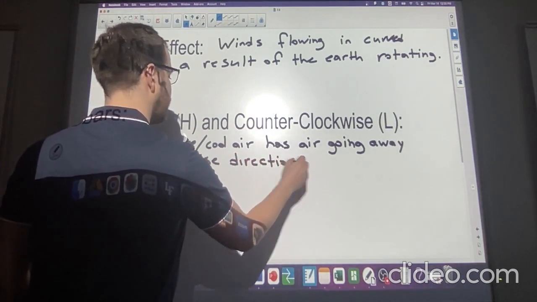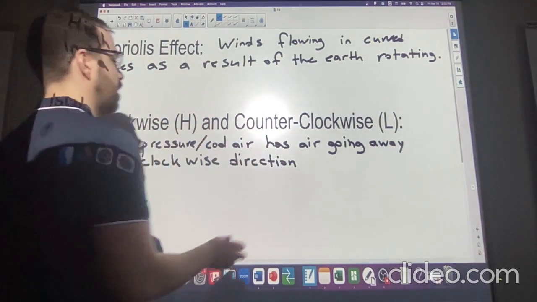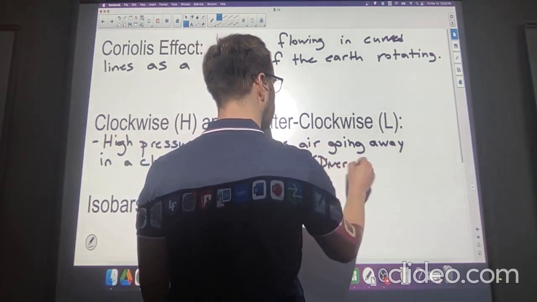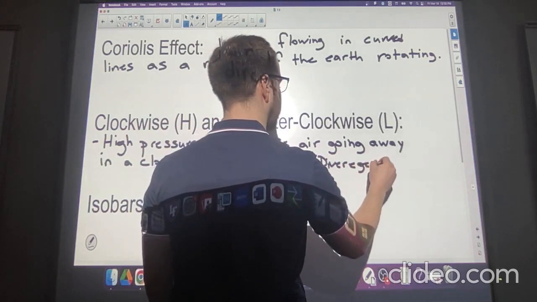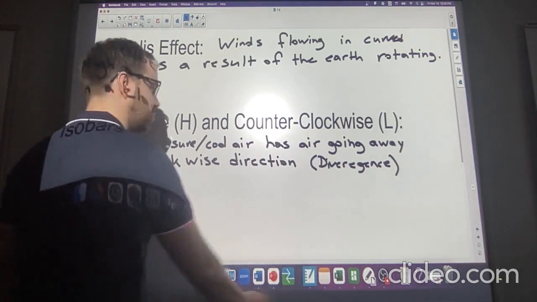So if you think about the way a clock moves, it's going the same way a clock moves around. And we call this divergence.